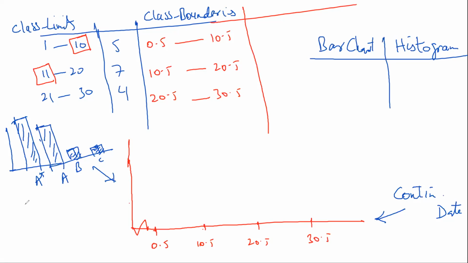So when we were discussing what has to be taken on the horizontal axis, it is always going to be the continuous data. Even if you have discrete data, you will convert that into continuous by constructing class boundaries. And then this vertical axis, what do we take on this vertical axis?